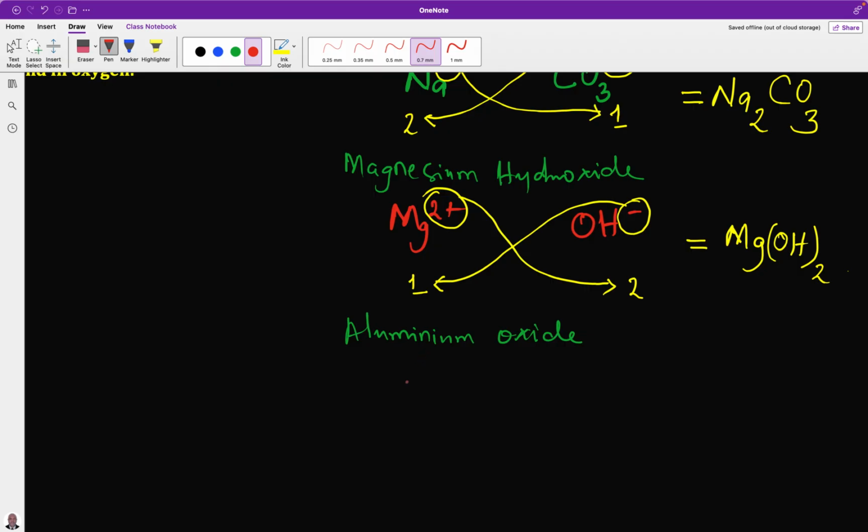We now have aluminum as Al3 plus, and oxide is oxygen. Oxygen is 2 minus. So in this case, we need to swap them. So we circle them.